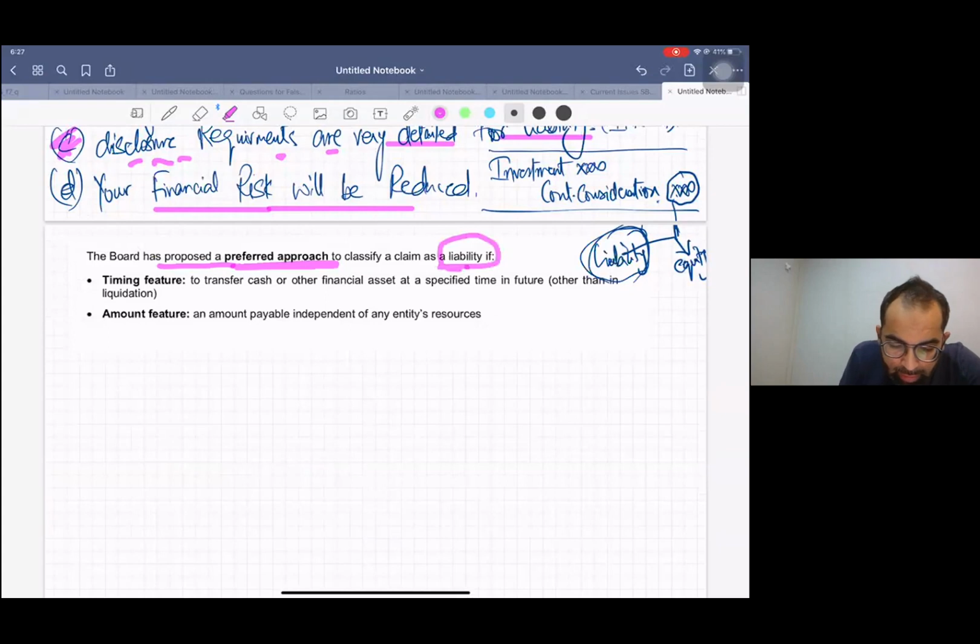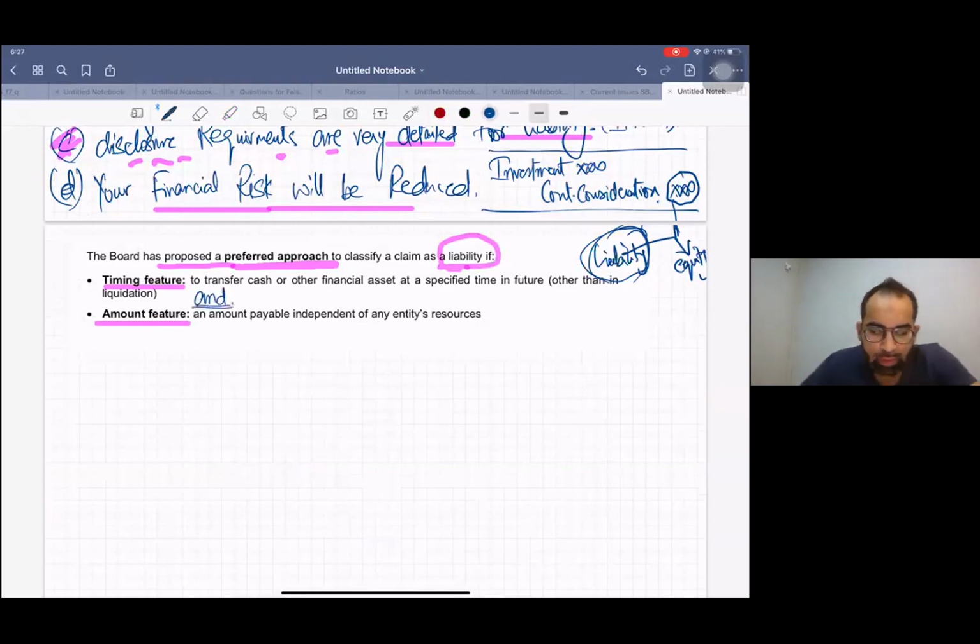See, number 1, timing feature. Now, in future they are planning to check these two things.